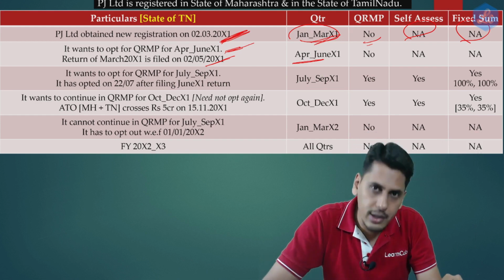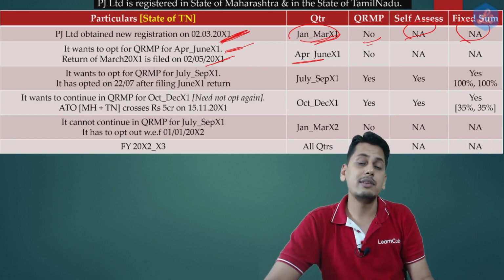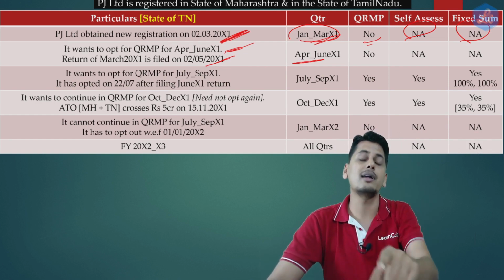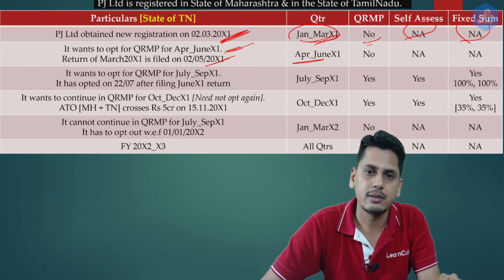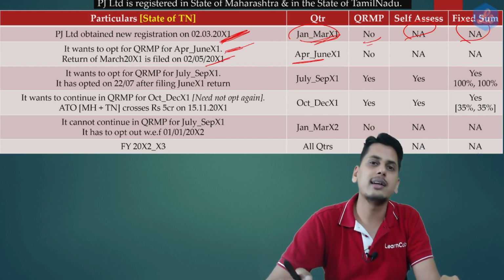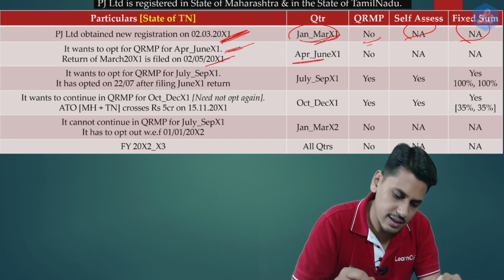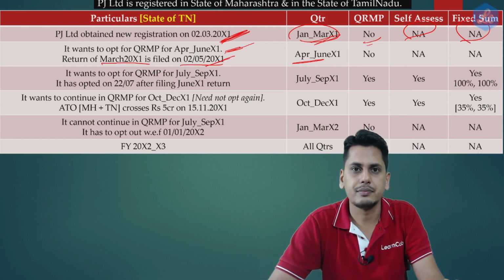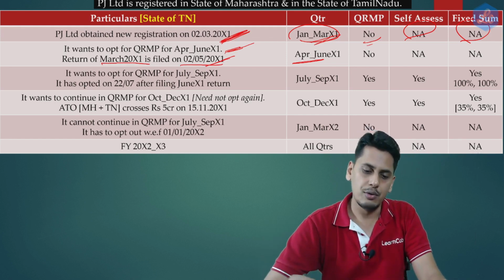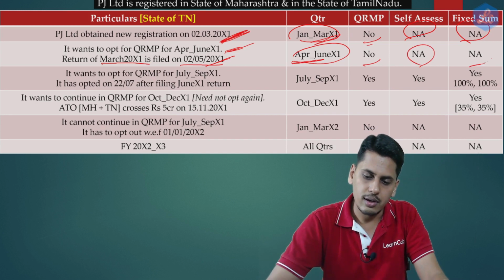So let's suppose he wants to choose it on 30th of April. By 30th of April, he should have filed the return for the month of March. Has he done so? Friends, the data tells us March return is filed on 2nd of May. So therefore, for April to June also, QRMP cannot be opted. So it is no, rest are not applicable.